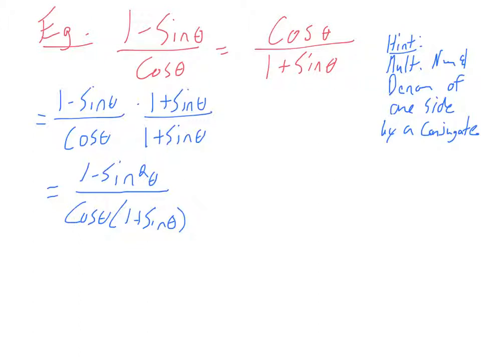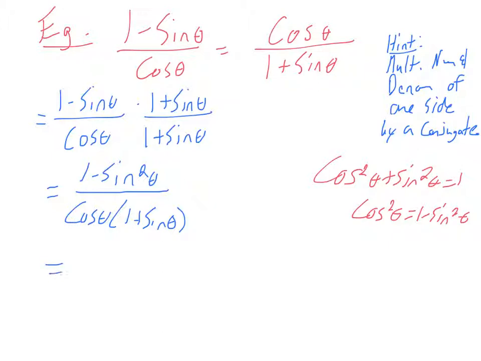Cosine squared. It does, right? Because we're going to take the Pythagorean identity, which says that cosine squared theta plus sine squared theta equals 1. So that means that cosine squared theta equals 1 minus sine squared theta. So we have to use that fact there. So we'll get cosine squared theta over cosine theta times 1 plus sine theta.